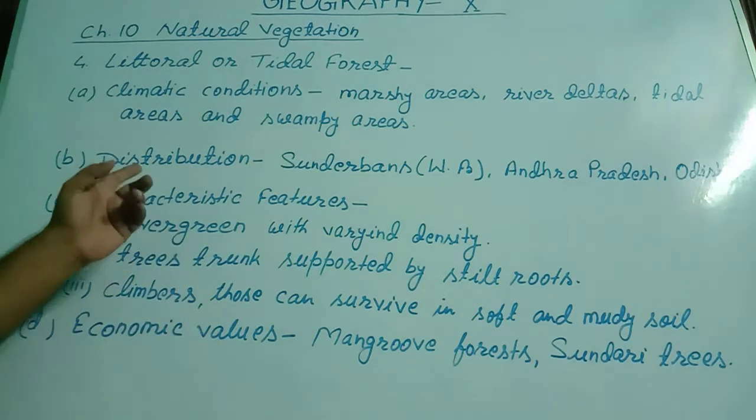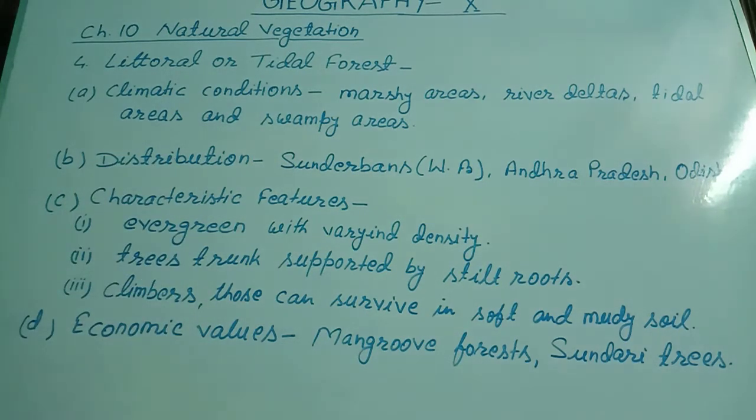If we see the distribution, these littoral or tidal forests are found in deltaic regions, such as the delta of the river Ganga and Brahmaputra, that is named as Sundarban deltas.